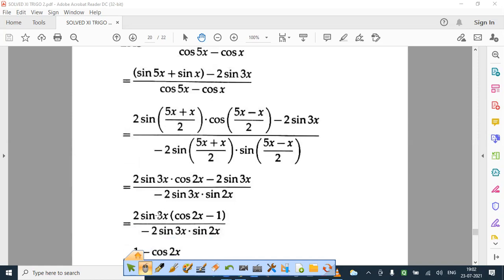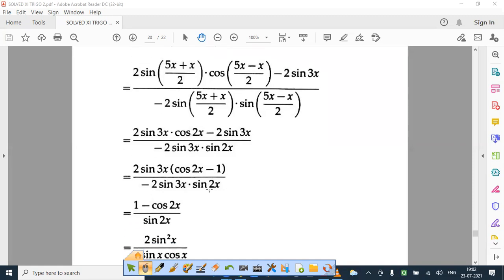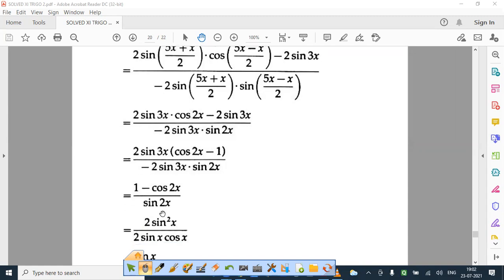From the numerator, 2 sin 3x can be taken common to get cos 2x minus 1 in bracket, denominator as it is. Now, cancel 2 sin 3x, multiply numerator and denominator by minus 1, so that cos 2x minus 1 changes to 1 minus cos 2x. The denominator is negative, it becomes positive on multiplying by minus 1.